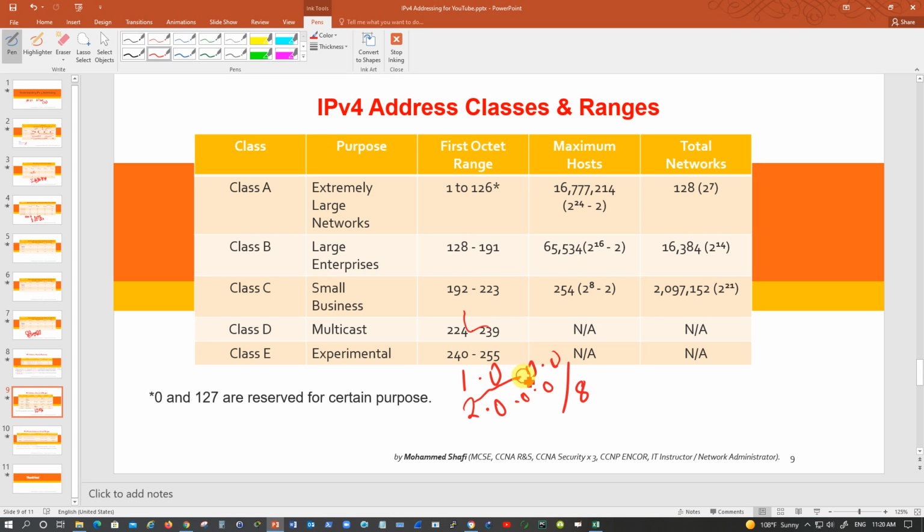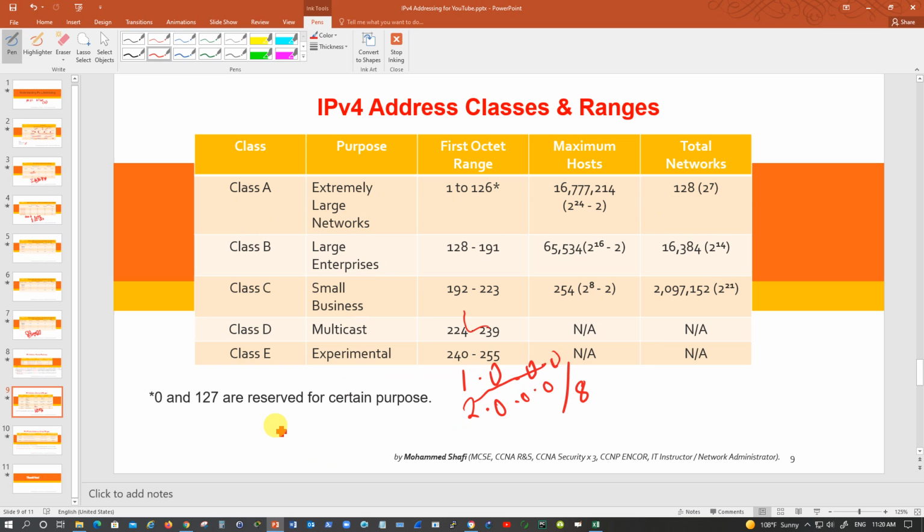Each network of class A will have over 16 million computers or devices holding valid IP addresses for communication. As far as networks are concerned, you have just 7 bits to play with, because in the first octet they have reserved the first bit.